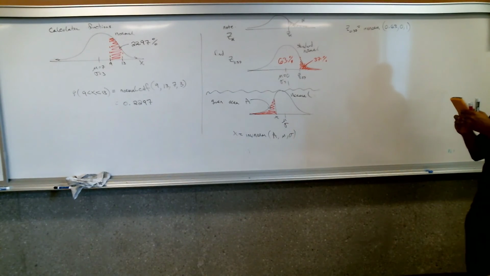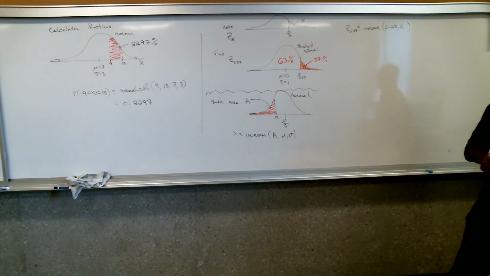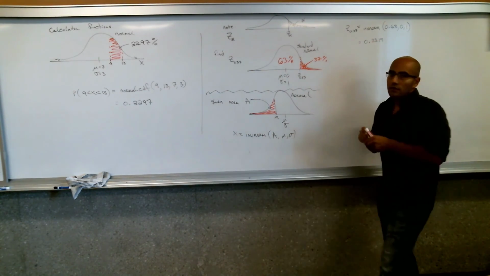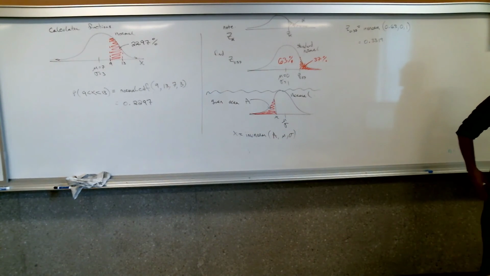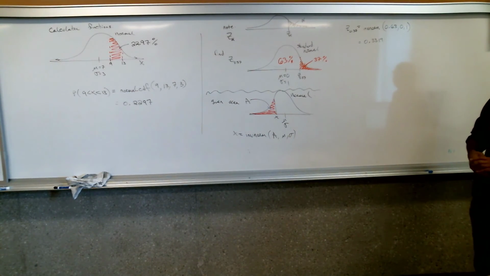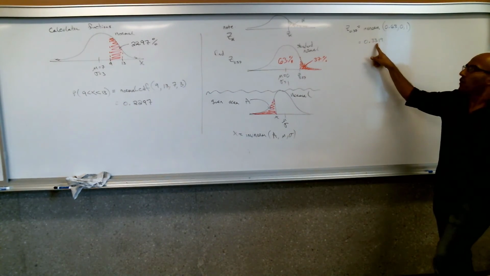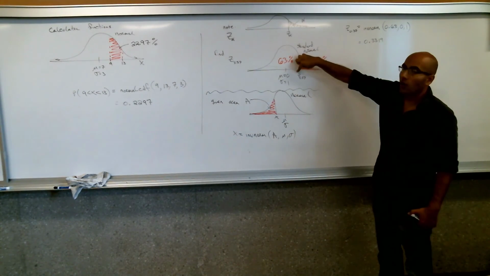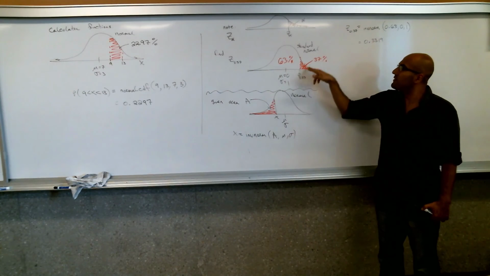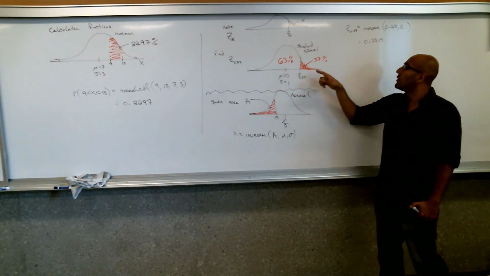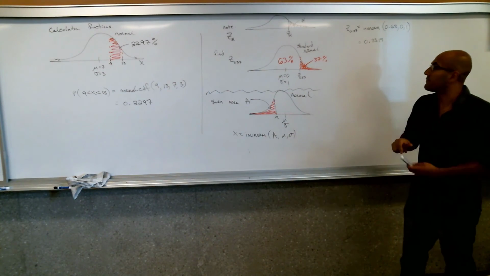I'm getting 0.3319. So what does that mean? How do we interpret 0.3319? Is that 33%? No, this is the value along the horizontal axis. We were given an area, and we're looking for the horizontal axis value, the Z value, which traps the top 37%.